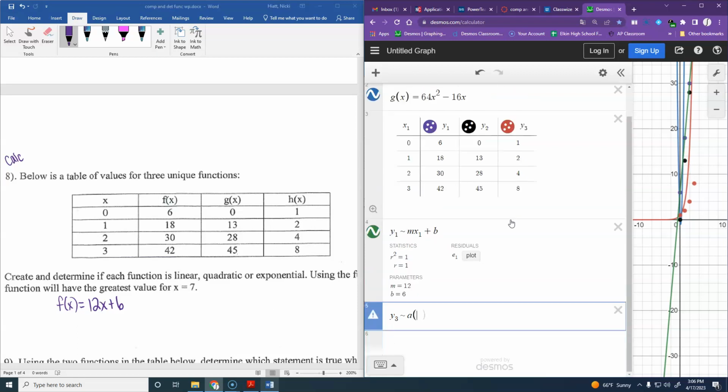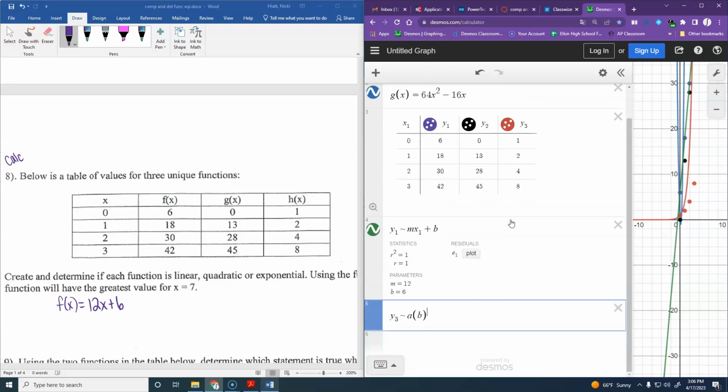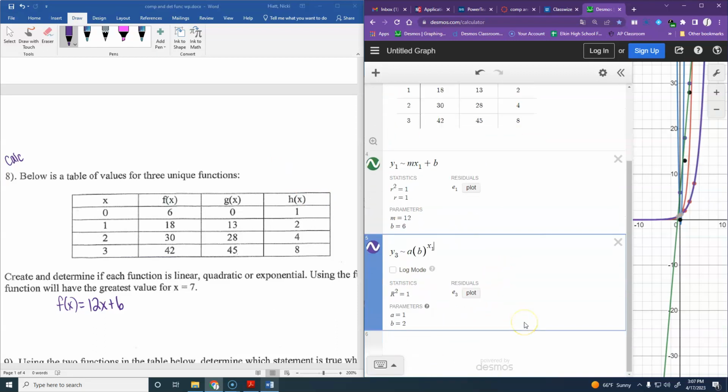A times b to the x power. And we're going to still put a 1 with our x because our x column just has a 1 right there. So if I do that, I know h of x is going to equal 1 times 2 to the x power, which is really just 2 to the x power there.